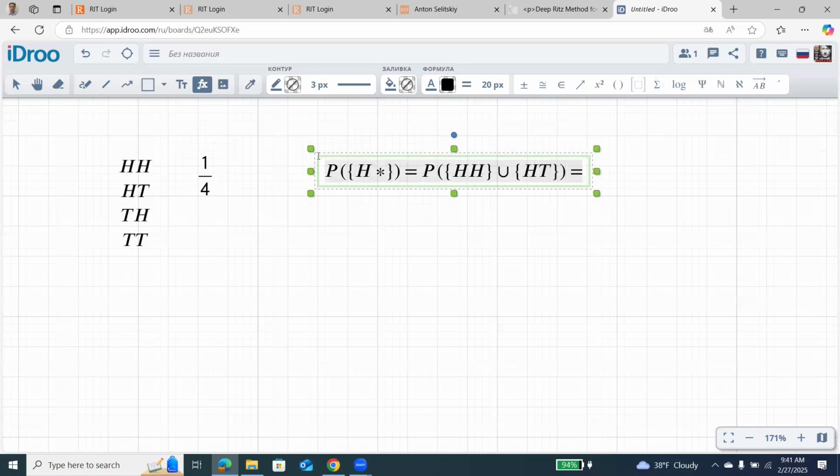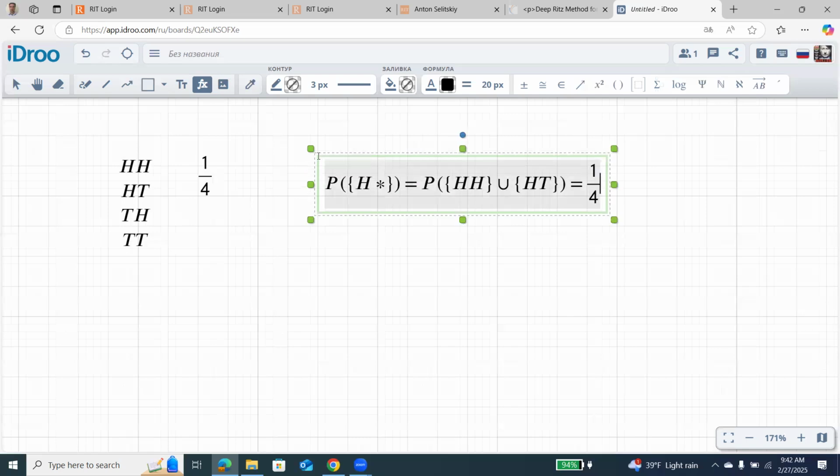And the main axiom of the probability says that if we have independent events, then the probability of the union is the sum of probabilities. So it will be the probability of the first event plus the probability of the second, and we get 1/2.